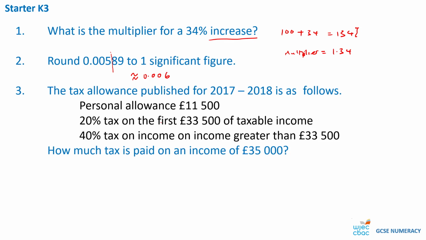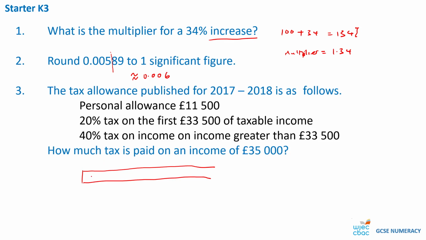Okay. Question 3, tax. Personal allowance 11,500, 20% on the first 33,500 of taxable income, and then 40% if it's greater than that. So we'll draw our little bar and we start to put amounts in there.